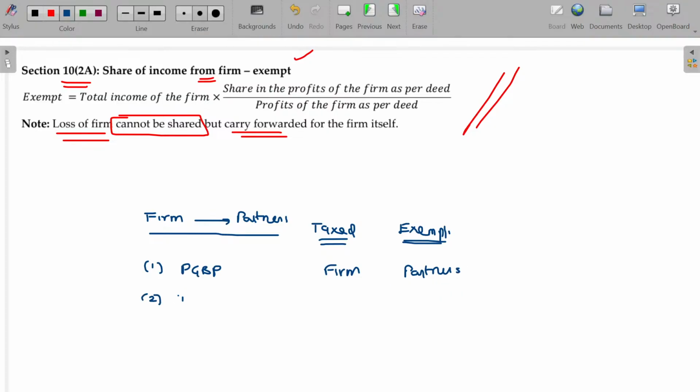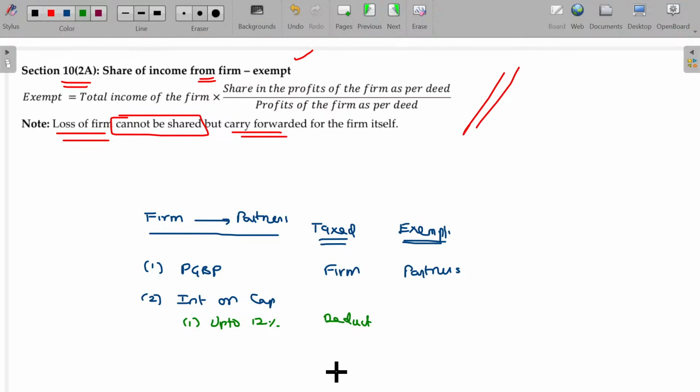Second, interest on capital. In case of interest on capital, number one, up to 12% on the capital claimed is a deductible expense in the partnership firm's profit and loss.